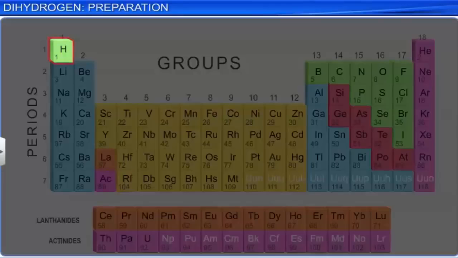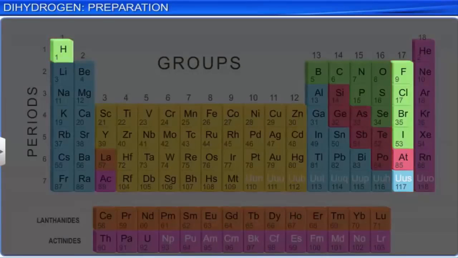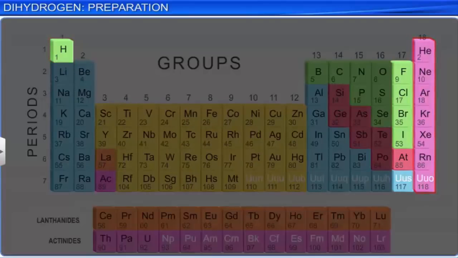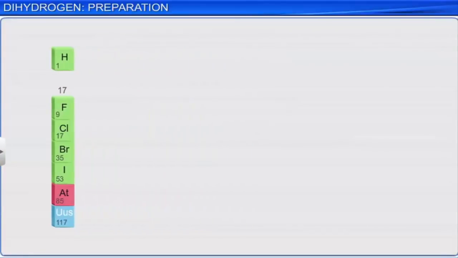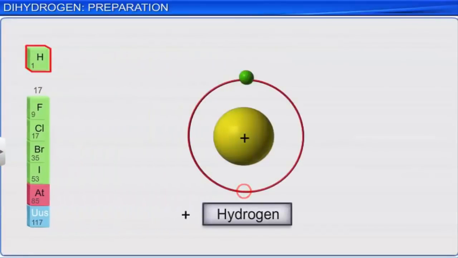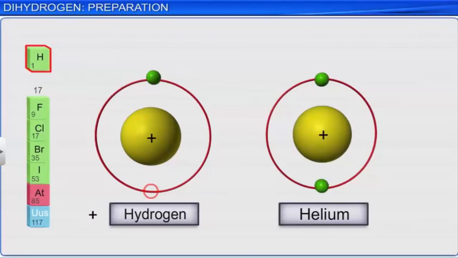Let us now see how hydrogen is similar to halogens, and yet different from the group at the same time. Like halogens, hydrogen has only one electron less than the nearest noble gas configuration. For example, it needs one electron to attain the noble gas configuration of helium.